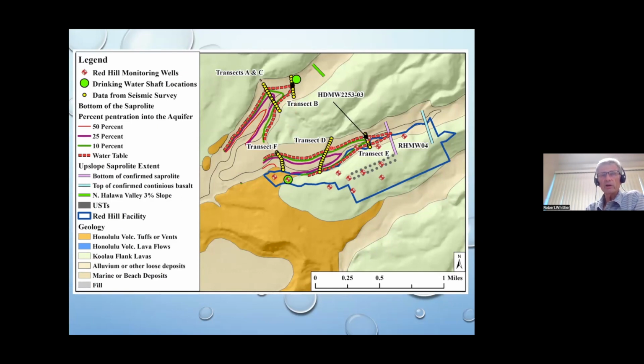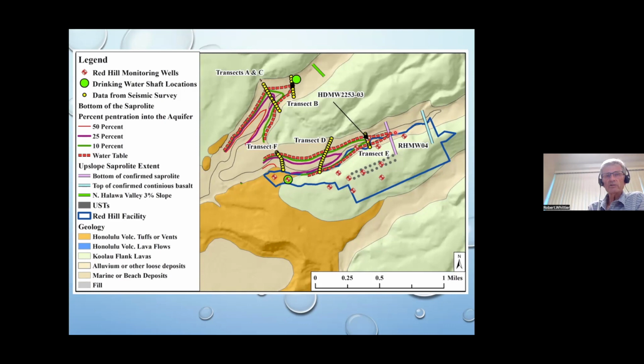And my interpretation of the depth of penetration into the aquifer shown in percent of the penetration down to the midpoint of the transition zone of the freshwater lens.